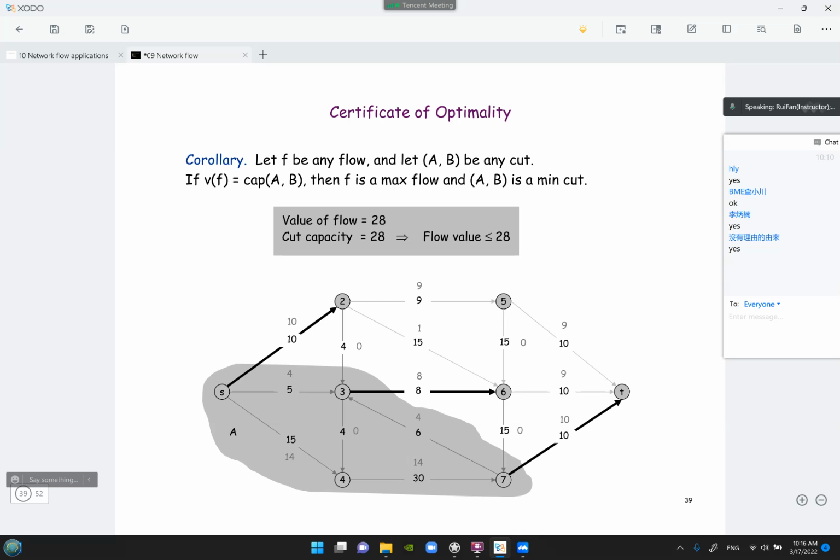Because these are pipes, we have constraints. Each pipe has a capacity, so these numbers are the maximum water you can send through this pipe. There's also the conservation constraint: for each junction where several pipes meet, all the water coming into the junction has to go out.